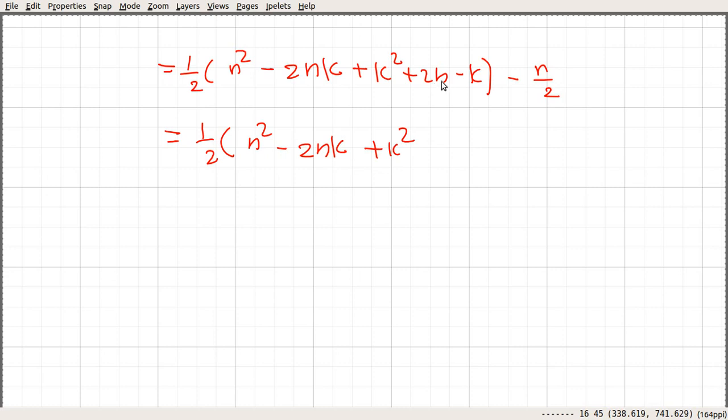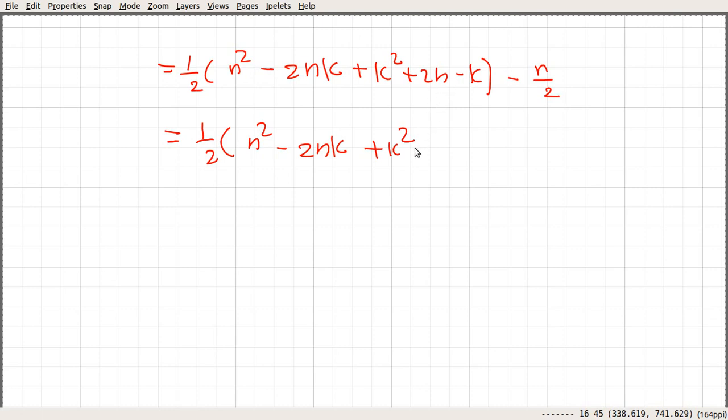So here we have 2n divided by 2, and if we bring this in, 2n minus n.